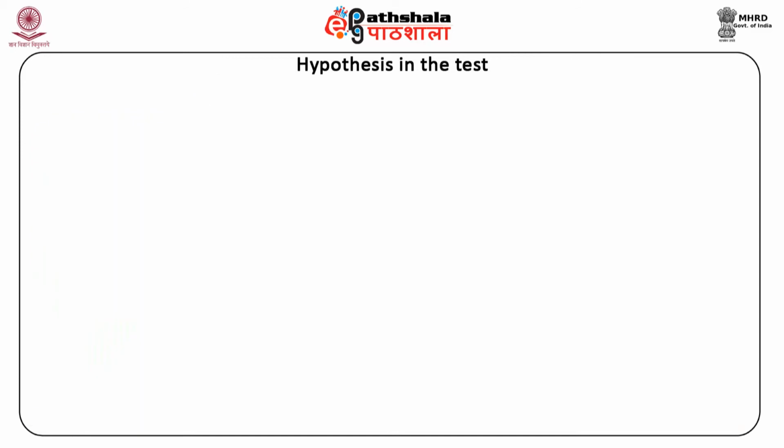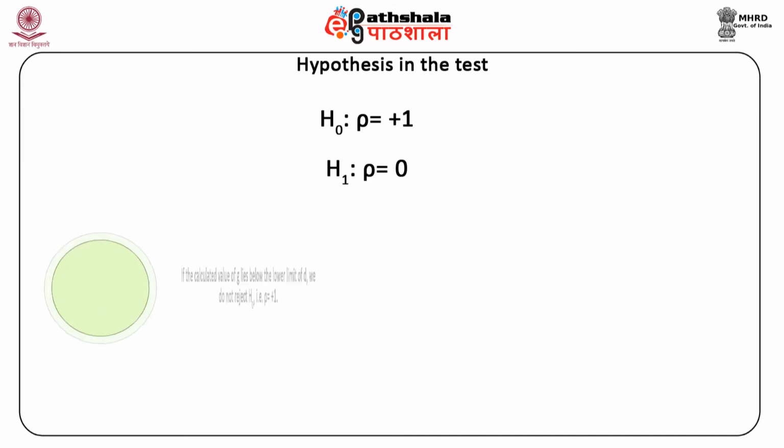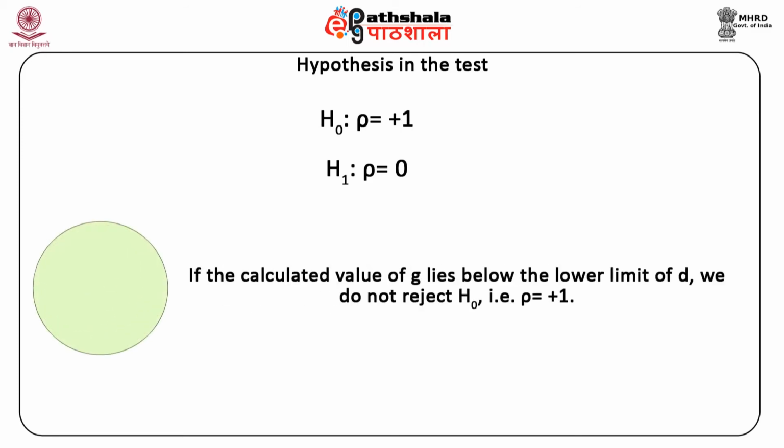The hypothesis in this test is that rho is equal to plus 1, that is our H0, and H1 is that rho is equal to 0. If the calculated value of g lies below the lower limit of d, we do not reject H0, that is rho is equal to plus 1.